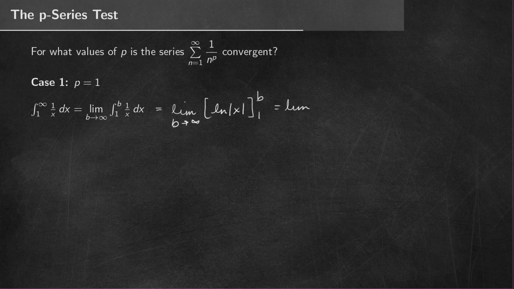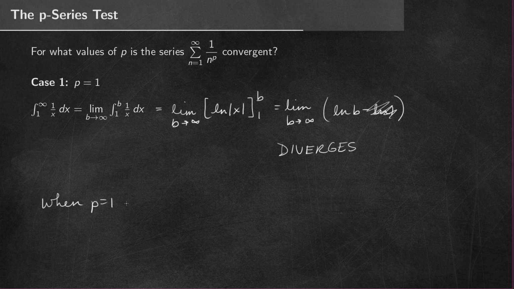So we get limit as b approaches infinity, ln b minus ln 1. The natural log of 1 is 0, so that just drops out. And the natural log of infinity is infinity. So this integral diverges. And if the integral diverges, then the series diverges. So when p equals 1, the series diverges by the integral test.